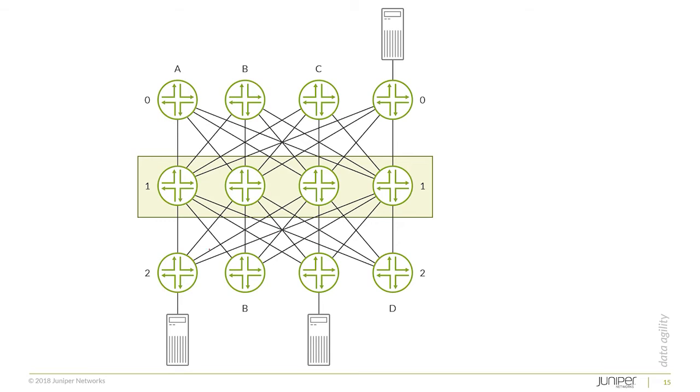Now, what about data agility? We talked a little bit about data agility. Well, what's interesting is in a spine and leaf fabric, or a Clos fabric in this particular case is what we're illustrating here, every path between every pair of devices is exactly the same number of hops.